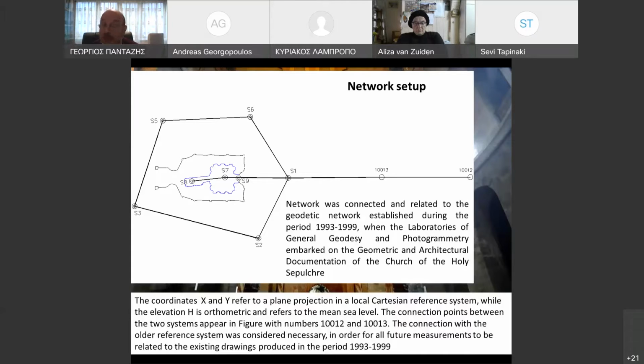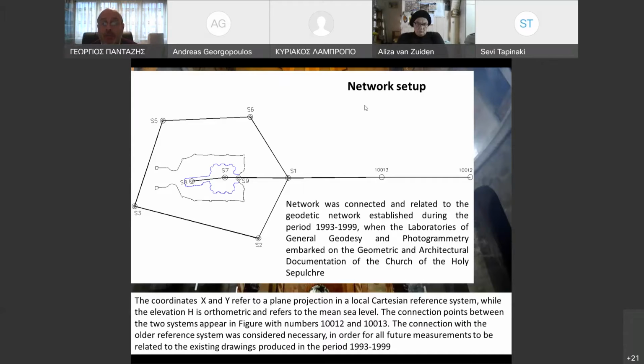The coordinates X and Y refer to a plane projection in a local Cartesian reference system, as Mr. Georgopoulos told previously, while the elevation H is the orthometric and refers to the mean sea level.